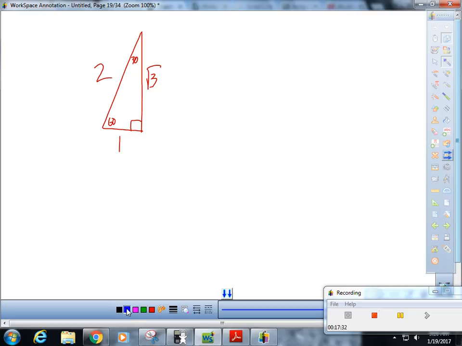Find, I don't know. Let's see. Tangent of 30. And you might be good at SOHCAHTOA. If not, we're going to start reviewing this, okay? Tangent, SOHCAHTOA. What's tangent? It's opposite over adjacent. And so it would be?